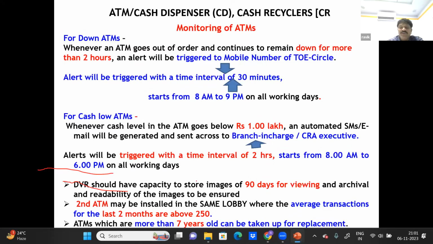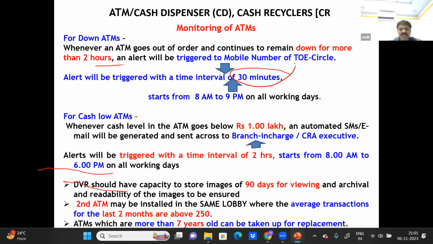Then immediately he will call the branch and tell them, your ATM is down, please bring it up immediately. So for reminder also it will go. Immediately after 2 hours it will go. Alert will be triggered with a time interval of every 30 minutes. Every 30 minutes also it will trigger after 2 hours. The executive will get a message, sir, your ATM is down, so that he can immediately make it up.